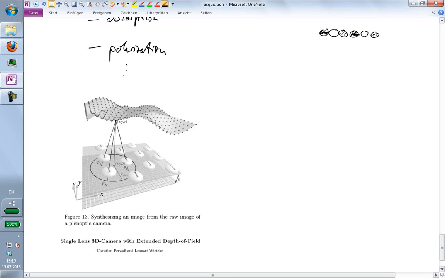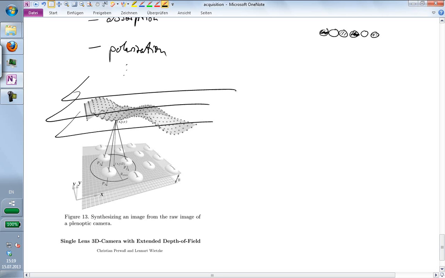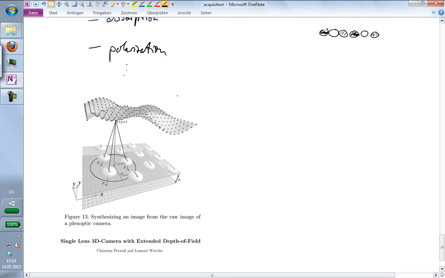So you could refocus on planes, which people have been doing for most of the time, but assuming that the irregular surface shown here would be the surface of an object, it is possible to refocus your camera on each point of the surface.